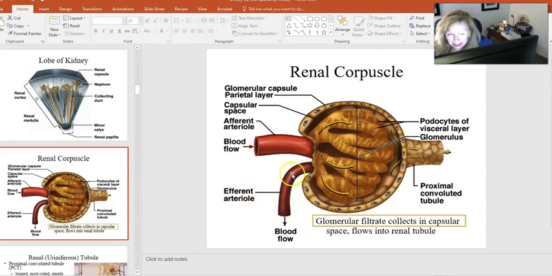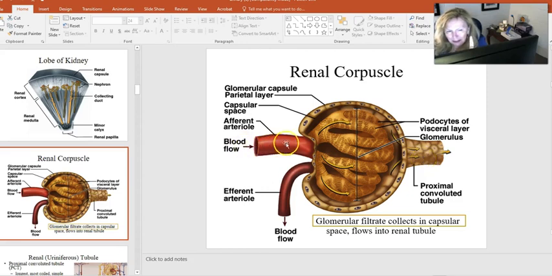So the blood that's coming out here is really sludge-like, because the plasma, the water, all of the good stuff, everything except for proteins in the plasma has just been filtered out. And it is now in what is called the PCT, or proximal convoluted tubule. But think about this.